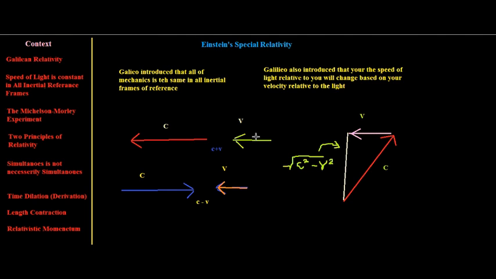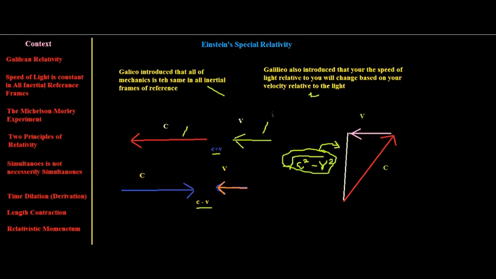From Galileo's principles that we learned before, based on your speed relative to light, you would see a greater speed or a lesser speed, as can be shown by a resultant that looks like this.